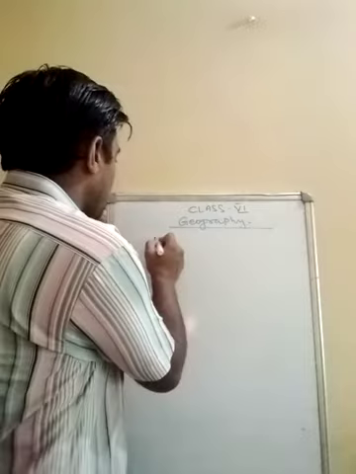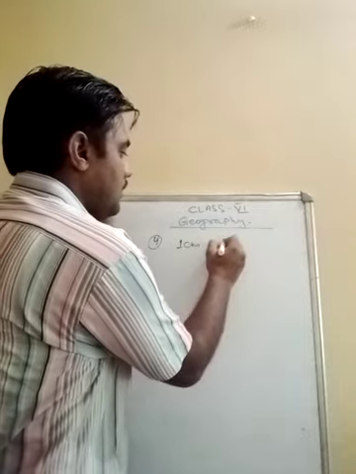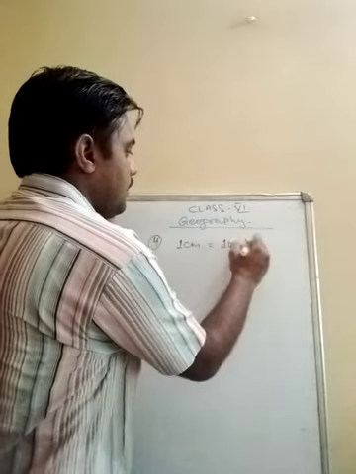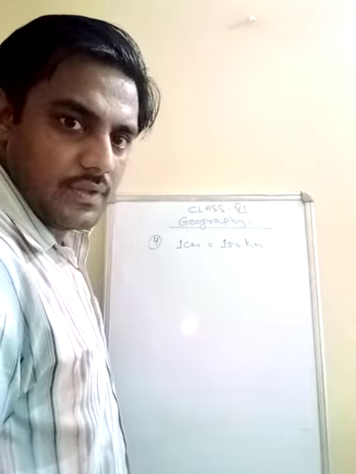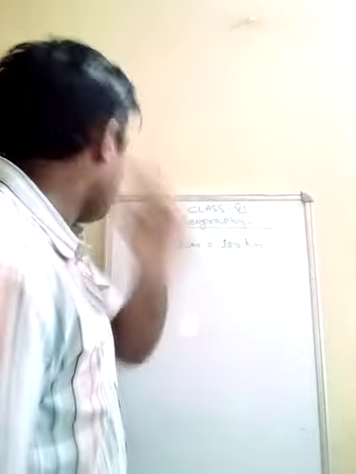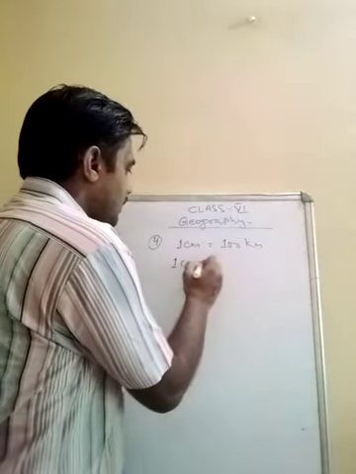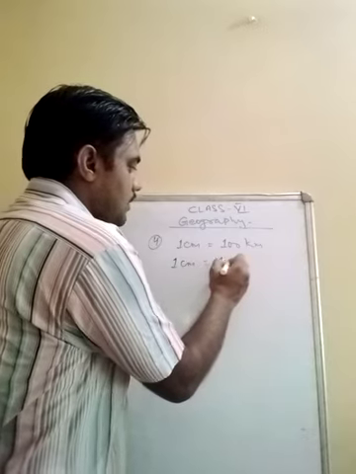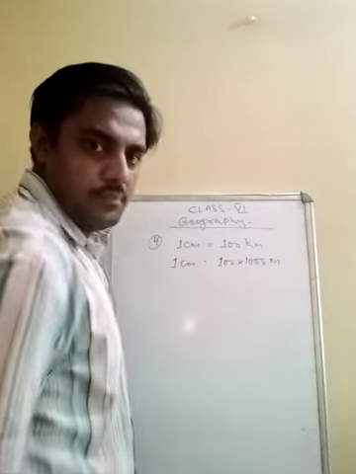So, for your number 4, look at the calculation properly. 1 centimeter equals 100 kilometer. So, 1 centimeter equals 100 into 1000 meter.